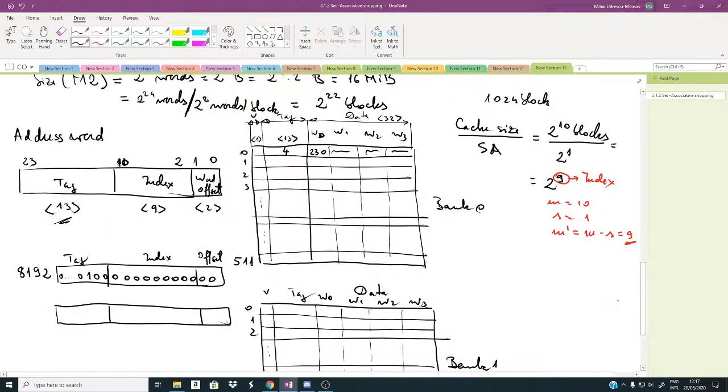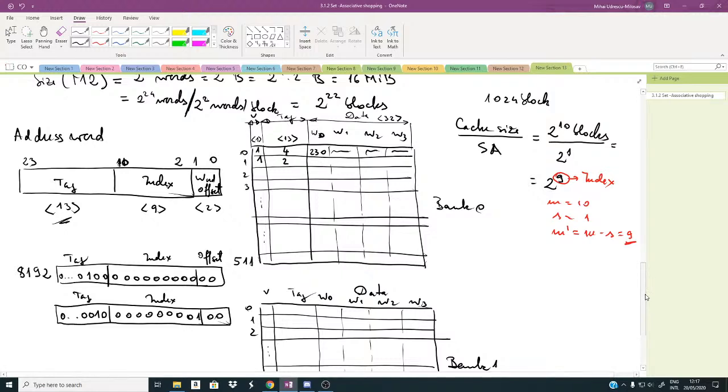So it's something like this, right? 2 to the power 12, plus 4. So the index would be 1, and the tag is 2.